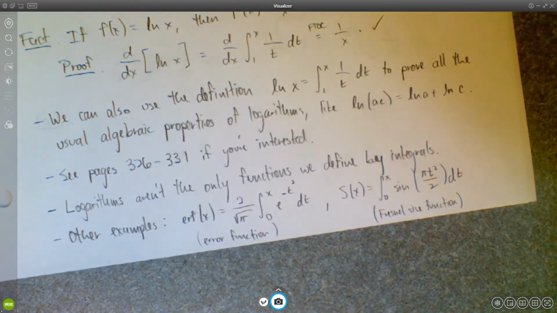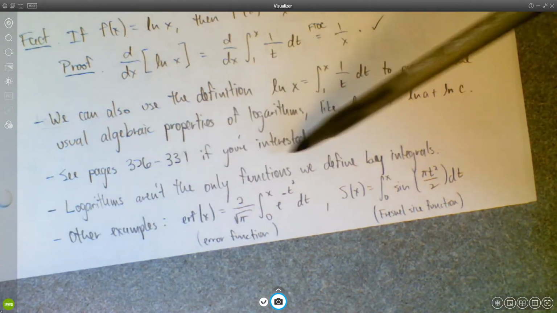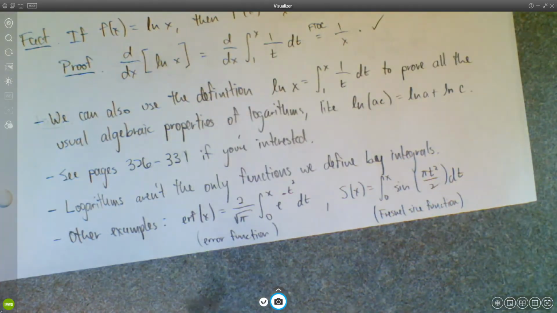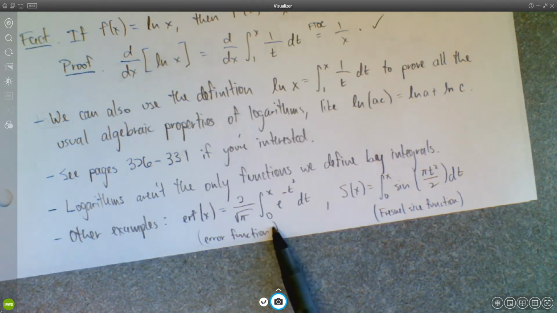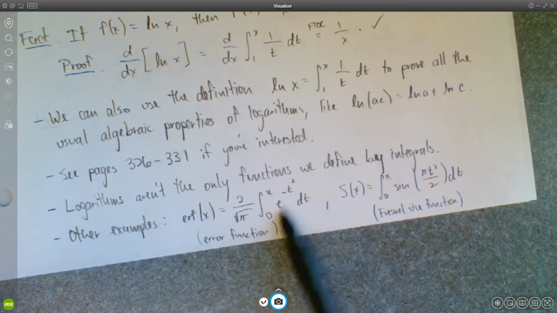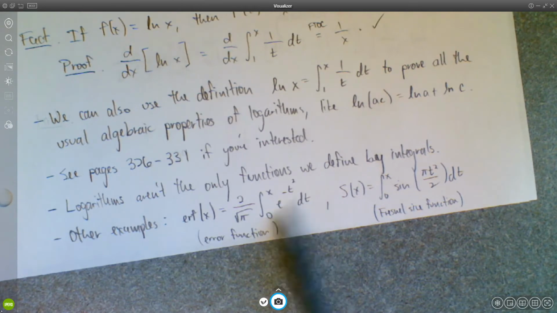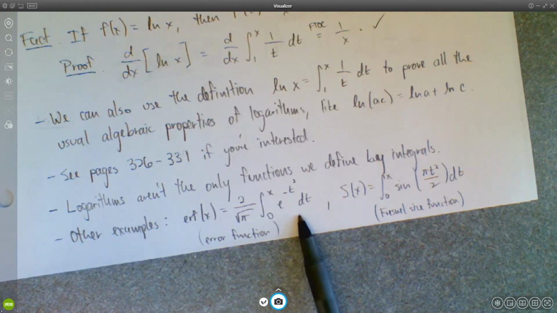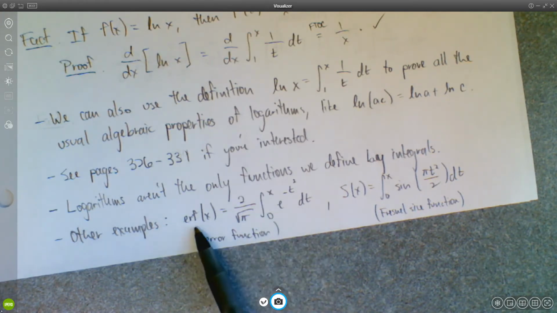But anyway, just for your information, logarithms aren't the only functions that we define by integrals. There are others. A really common one is the error function. This one is used a lot in probability and statistics, but there's not a nice closed form for this integral, so we just express it in terms of the integral sign.